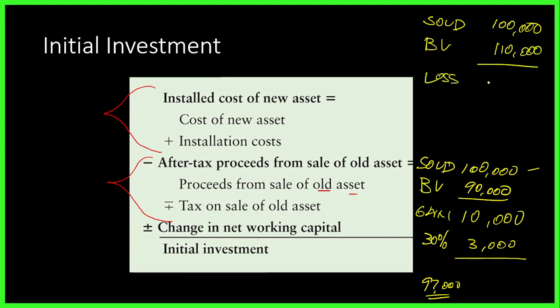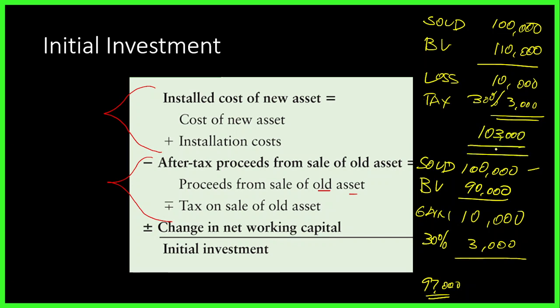So we have a loss of 10,000, and the tax for this one is, let's say, 30%, and 30% is 3,000. So aside from the sales of 100,000, you also saved taxes amounting to 3,000. So our overall cash flow coming from the sale is 103,000.